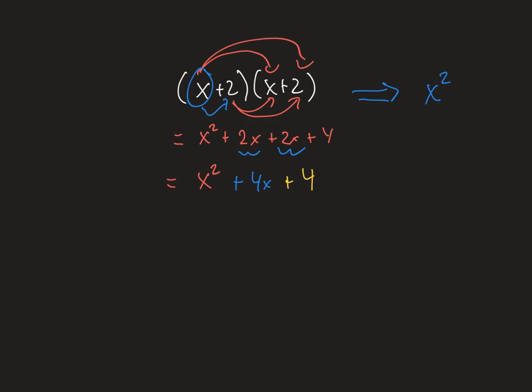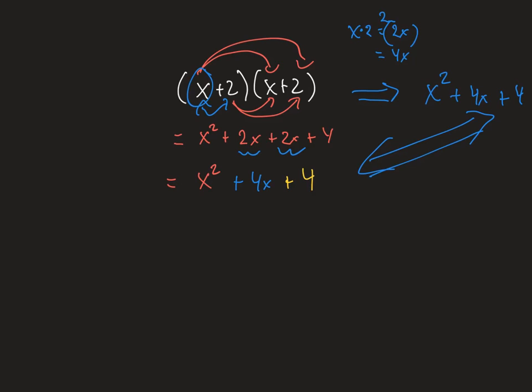This multiplied by this times 2, well, x times 2 is 2x, multiplied by 2 is 4x. And then finally 2 times 2 is 4. As you can see, they match, and it saves you so much time doing this on a test.